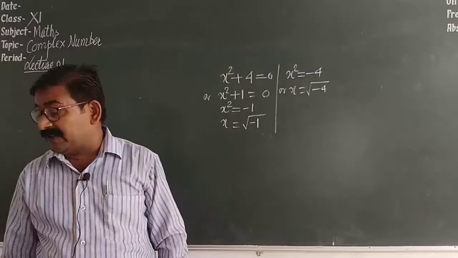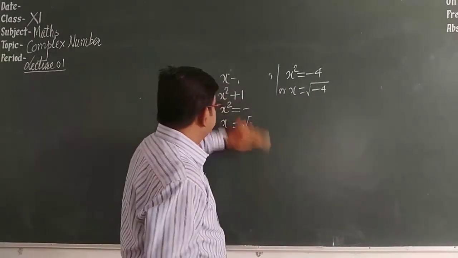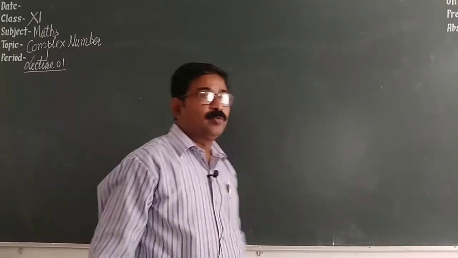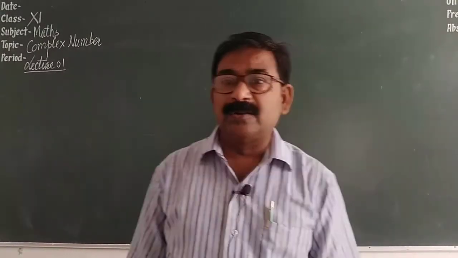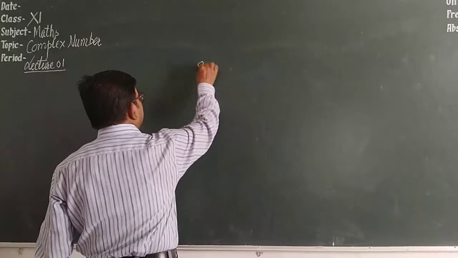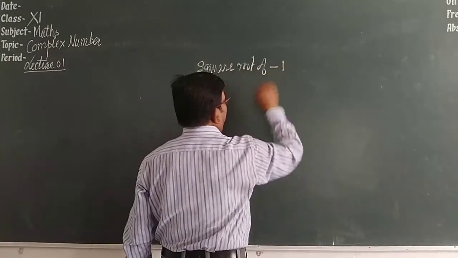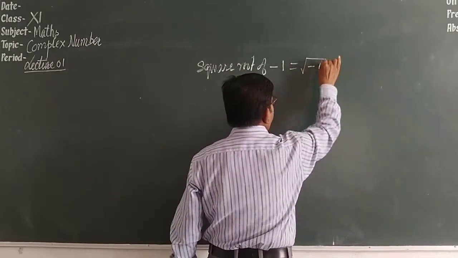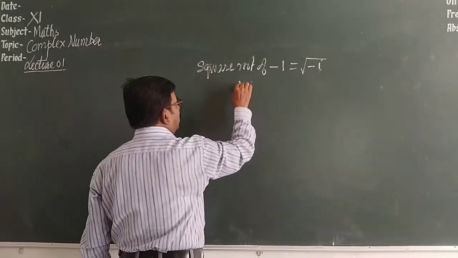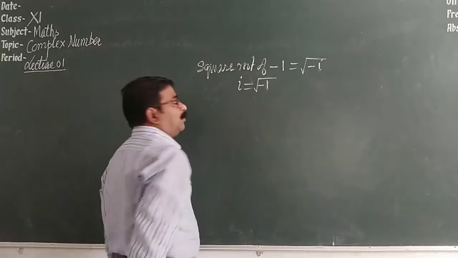So for the solution of this, we note that the square root of minus 1 is noted as i. i is equal to under root minus 1.